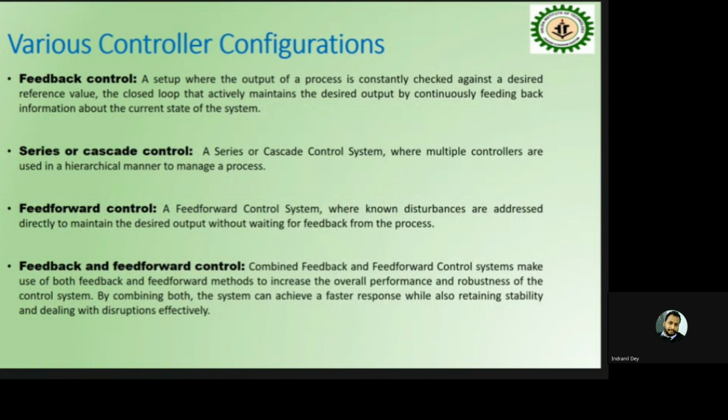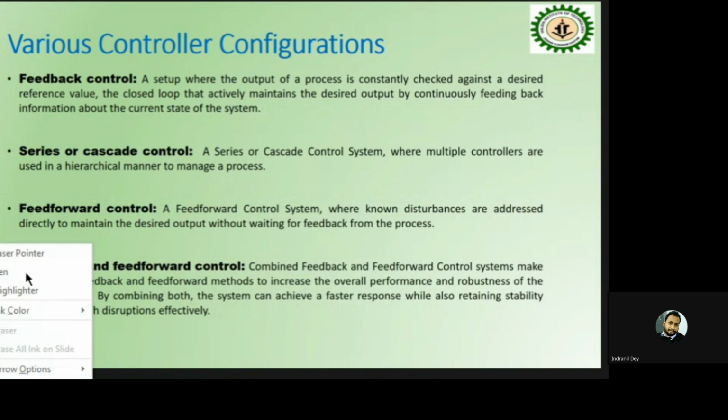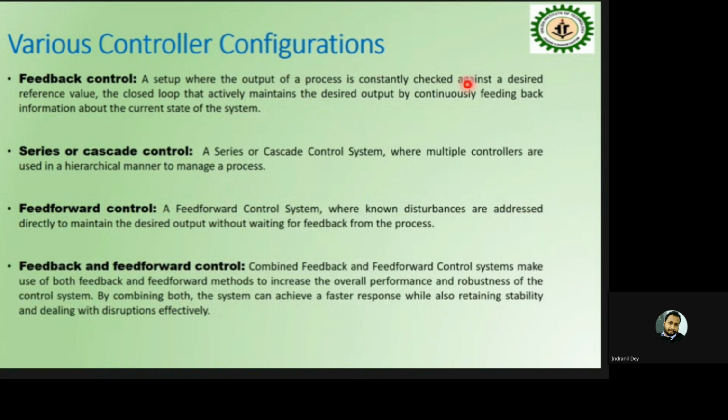It is a setup where the output of the process is constantly checked against the desired reference value. The closed loop actively maintains the desired output by continuously feeding back the information about the current state of the system. We'll describe in the next slides how a feedback controller works.